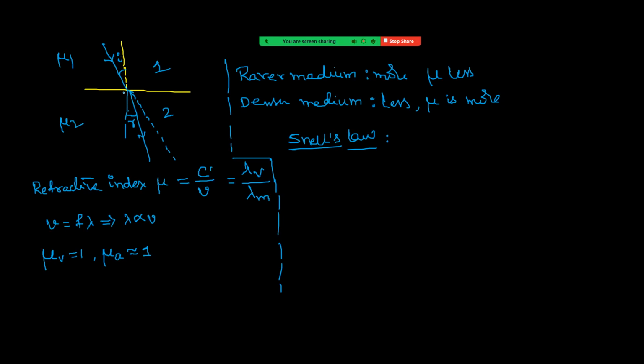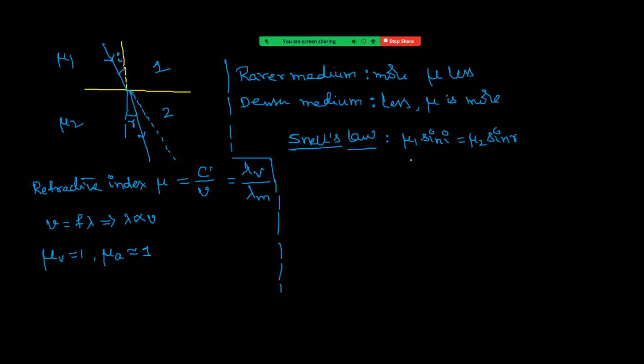Angle of incidence i, angle of refraction r. Then Snell's law says that mu1 sin i is equal to mu2 sin r. That is Snell's law. See from this what we can conclude.